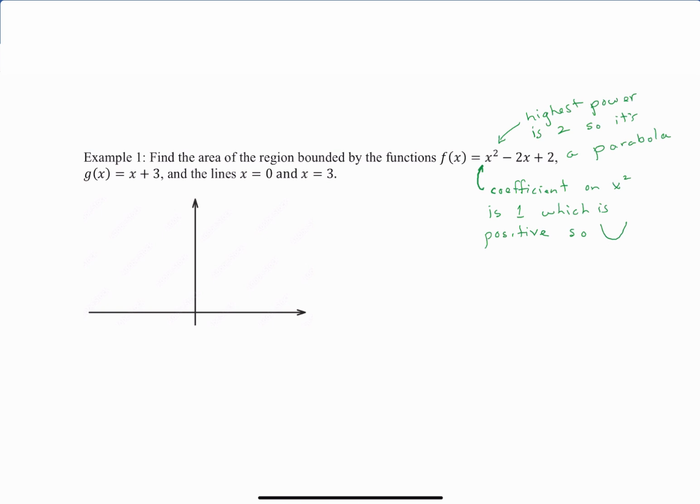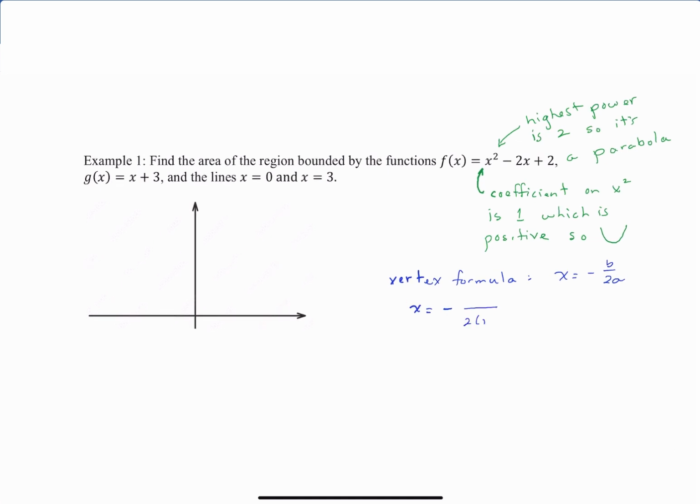Okay, now let's find the vertex. We'll use the vertex formula, which is x equals minus b over 2a. A is the coefficient on the x squared, which we just said was a 1. And b is the coefficient on the x, which we can see is a negative 2.